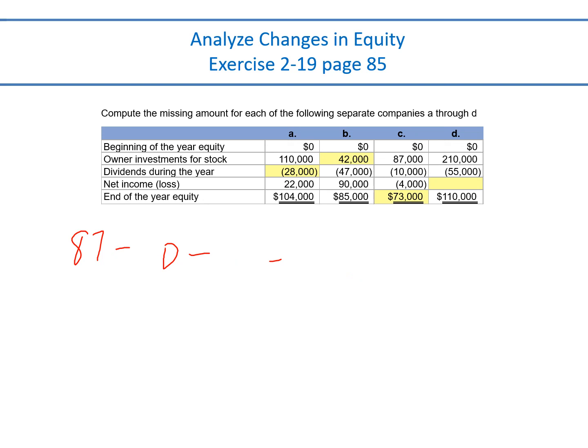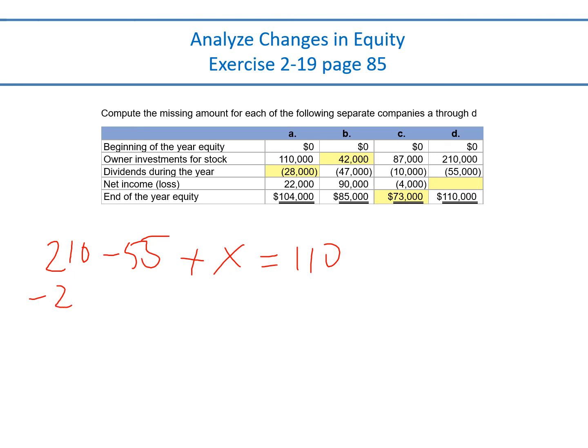All right, so then in the last example here, we have 210 minus 55 plus X equals 110. So we have to subtract 210 and add 55 from both sides.